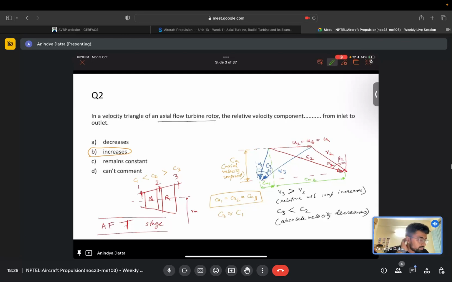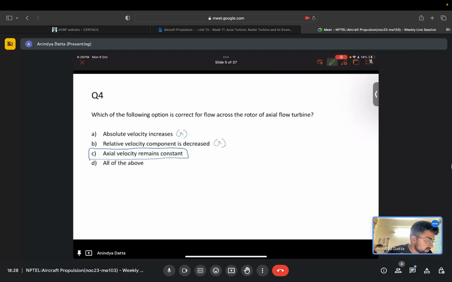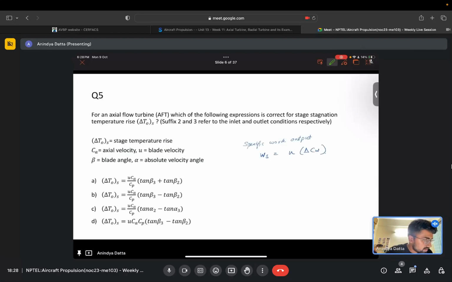If you see here, the directions of these whirl components are opposite. So the change in the whirl component will be the sum of their magnitudes. That's why we can write this as U times CW2 plus CW3.